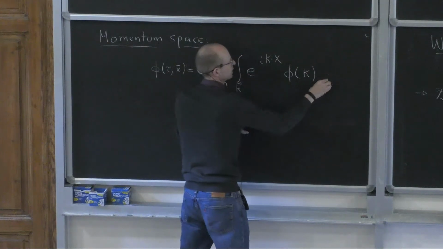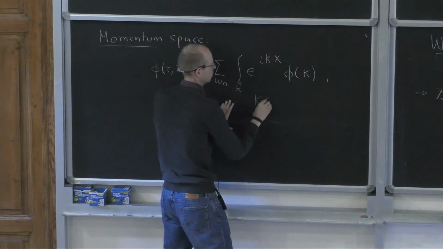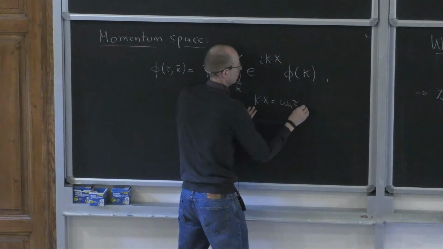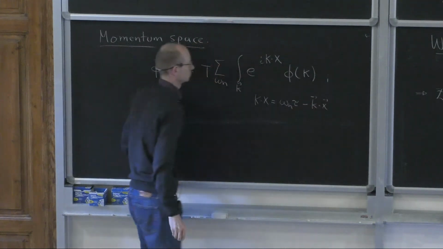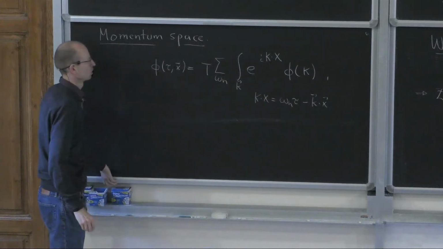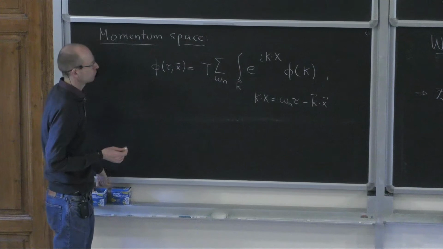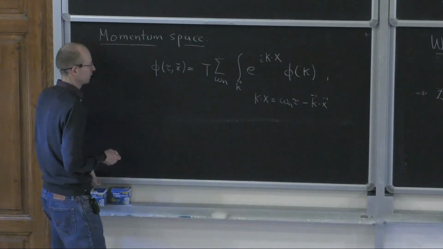We may represent fields in this Fourier space, where now k dot x is the Matsubara frequency times the imaginary time minus k vector dot x vector. So everything is really like before, except that anything that has to do with time is now treated differently.